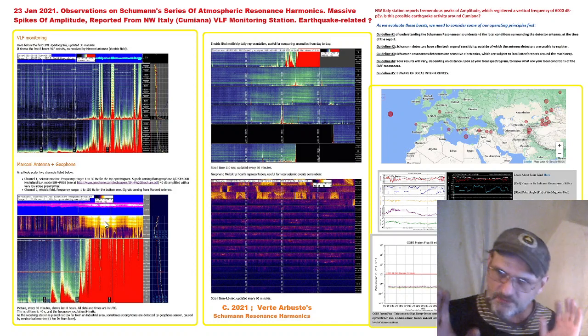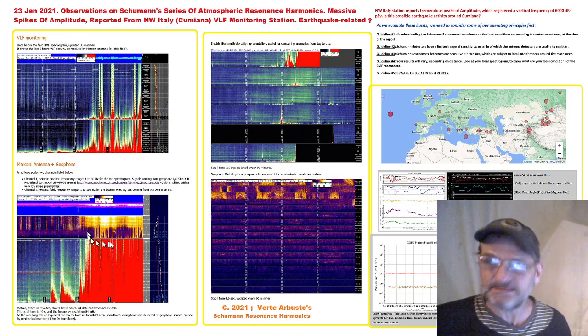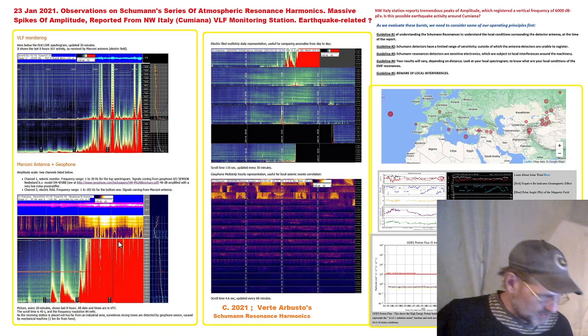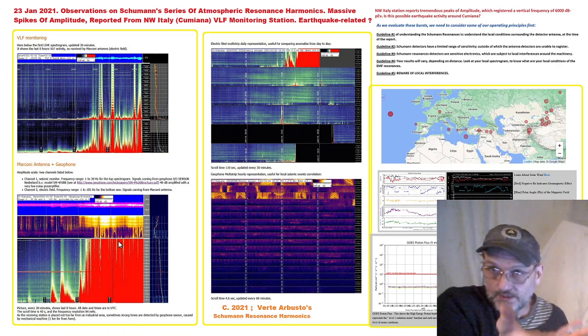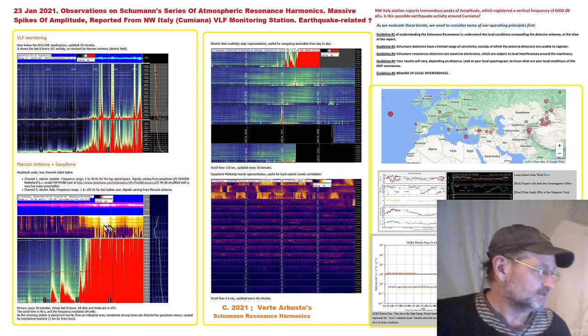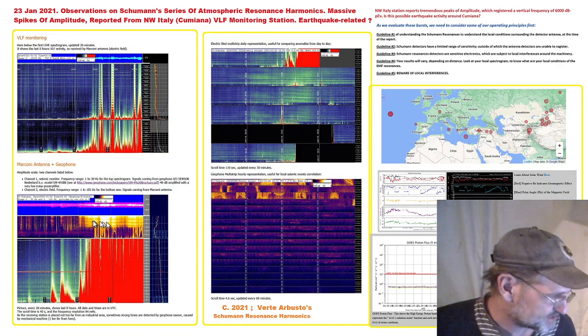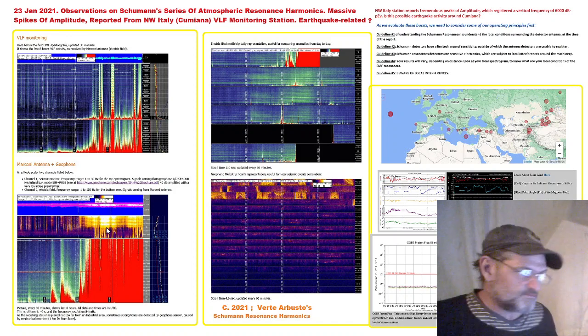Take a moment to pause. This is seismic, which you may or may not know, is ground shaking. The seismograph is giving you the Earth's movement.